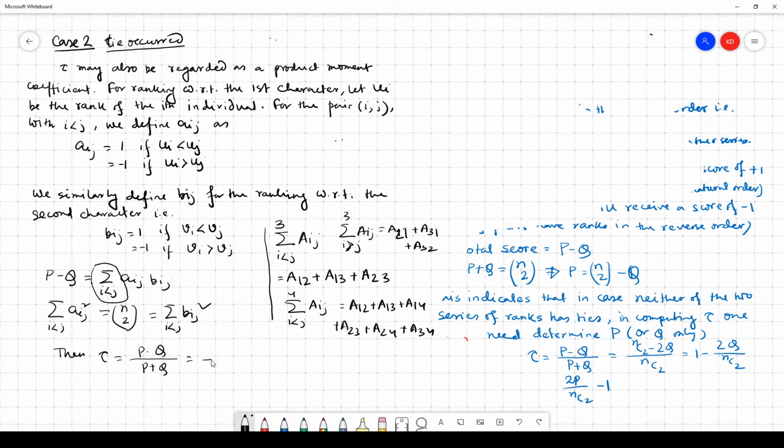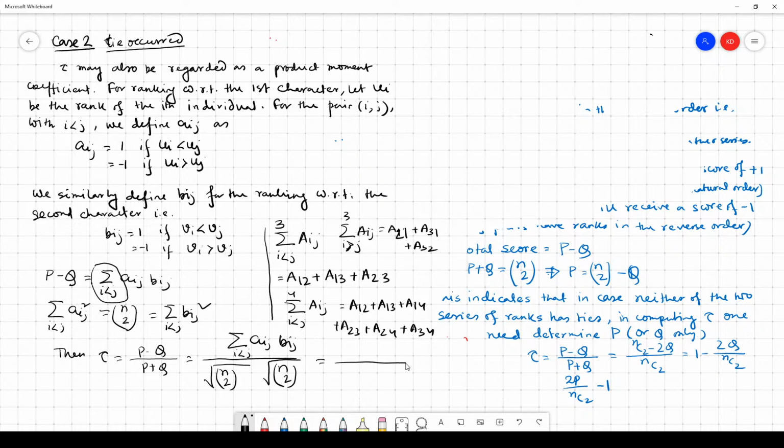I write this, since p plus q means nC2, as the root over nC2 and p minus q means the summation over i less than j of aij bij.